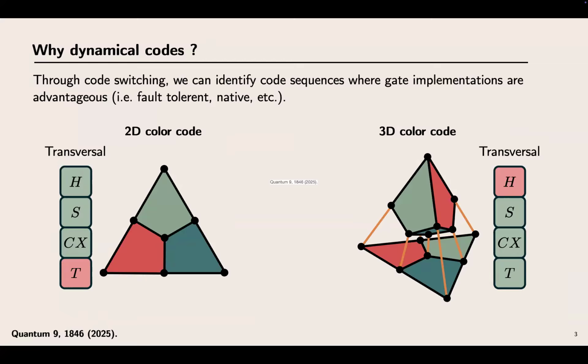So that's an example where we can switch between the 2D color code to the 3D color codes. And actually, in the first one, we actually get this kind of Clifford transversally. And then in the 3D version, we actually get these T-gates that we can implement transversally. So by switching between them, we can actually get all of this set and get a universal set of gates that we can implement transversally, right?